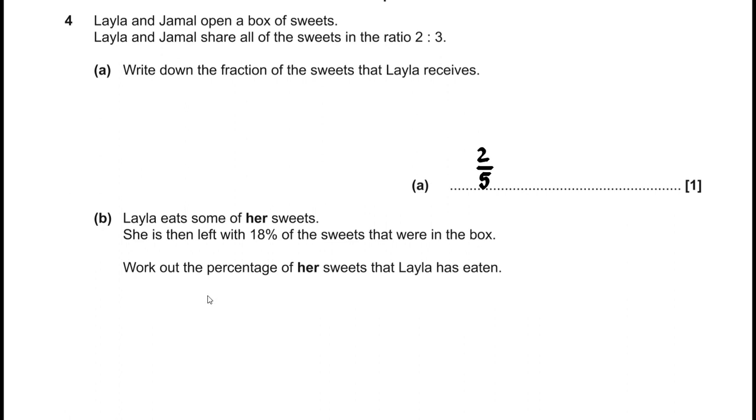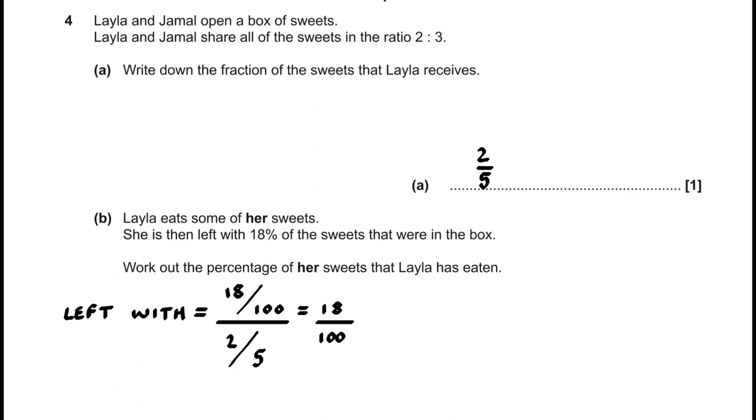For part B, Layla eats some of her sweets. She is then left with 18% of the sweets that were in the box. We have to work out the percentage of her sweets that Layla has eaten. Well, she's left with 18% of the sweets, so we have 18 over 100 of the amount of sweets she receives, 2/5.